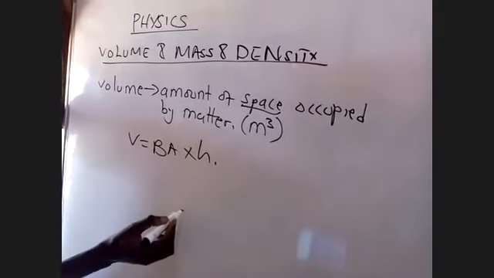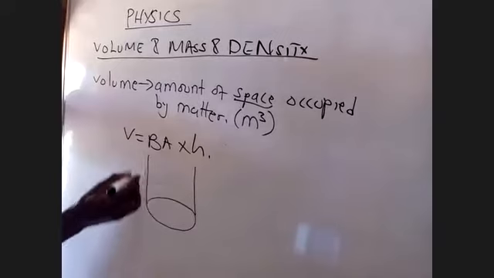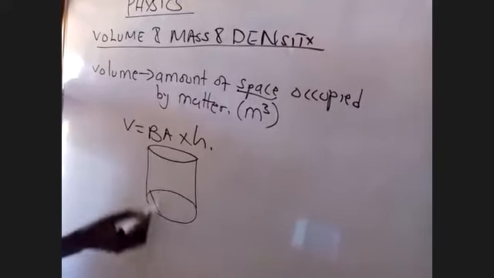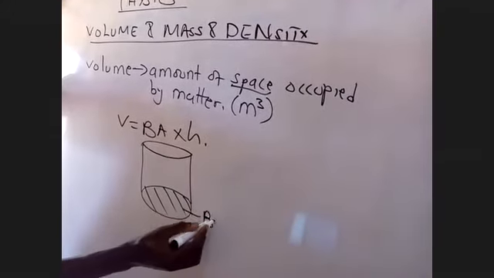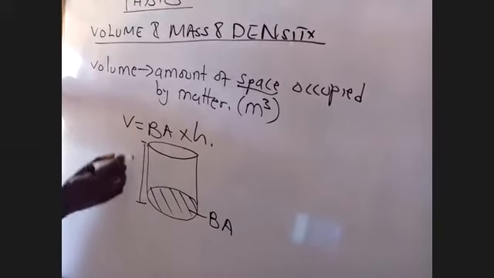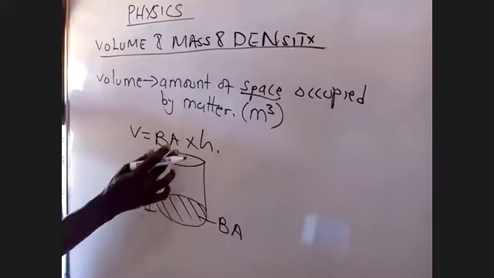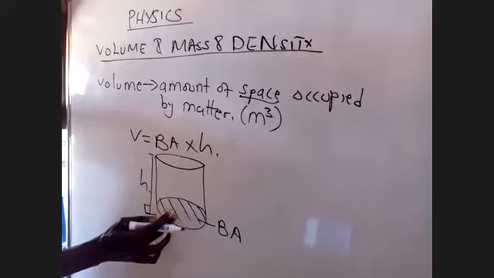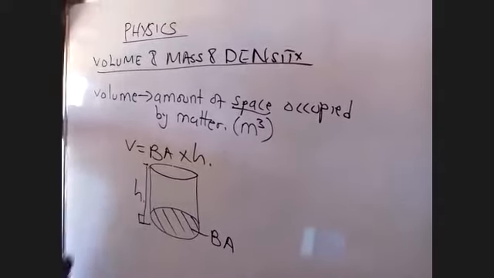For example, if I draw a cylinder, you'll find that this cylinder rests on this surface. Therefore, this is its base area. Then height means the perpendicular height. Perpendicular height means the height should be 90 degrees from the base. So from the center of this cylinder, you measure 90 degrees up to the top. That gives you the perpendicular height.